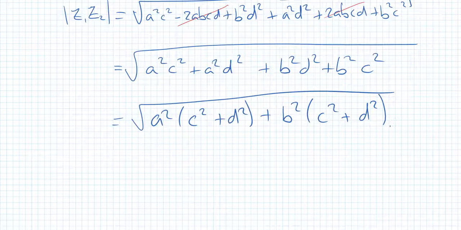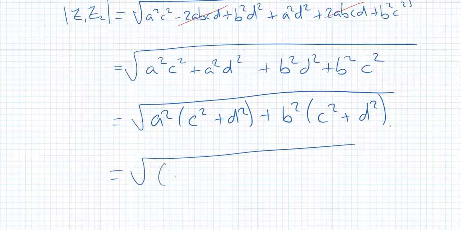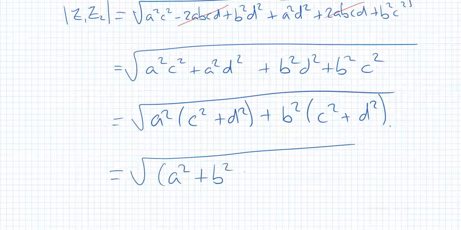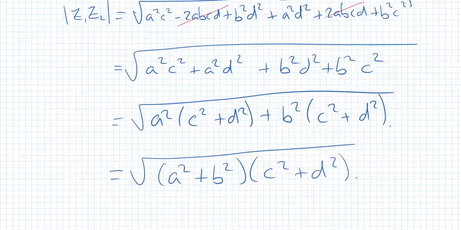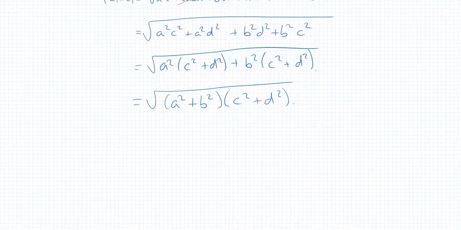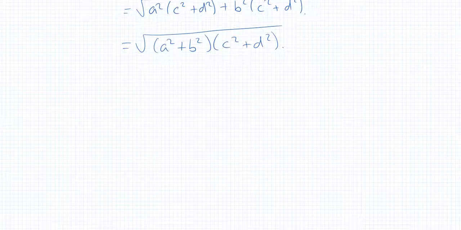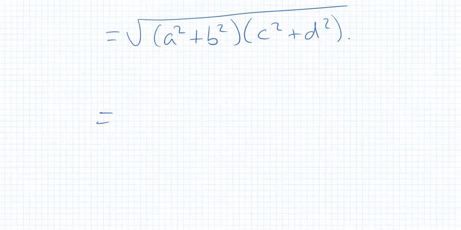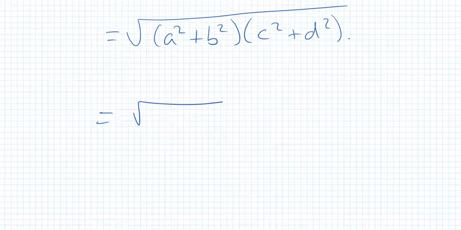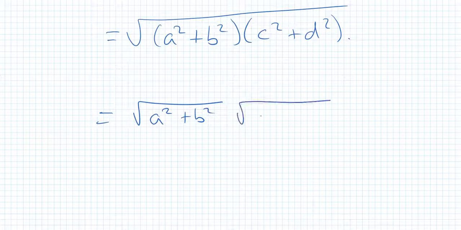And then of course, if I've got a squared times c squared plus d squared, and I've got b squared times c squared plus d squared, then overall what I've got is, and this is the clever bit, a squared plus b squared multiplying c squared plus d squared. Okay, everyone following this? I hope so. Now then, now I've done that, I can split apart my square roots because I've got multiplication. So what I can say is I've got the square root of a squared plus b squared multiplying the square root of c squared plus d squared.